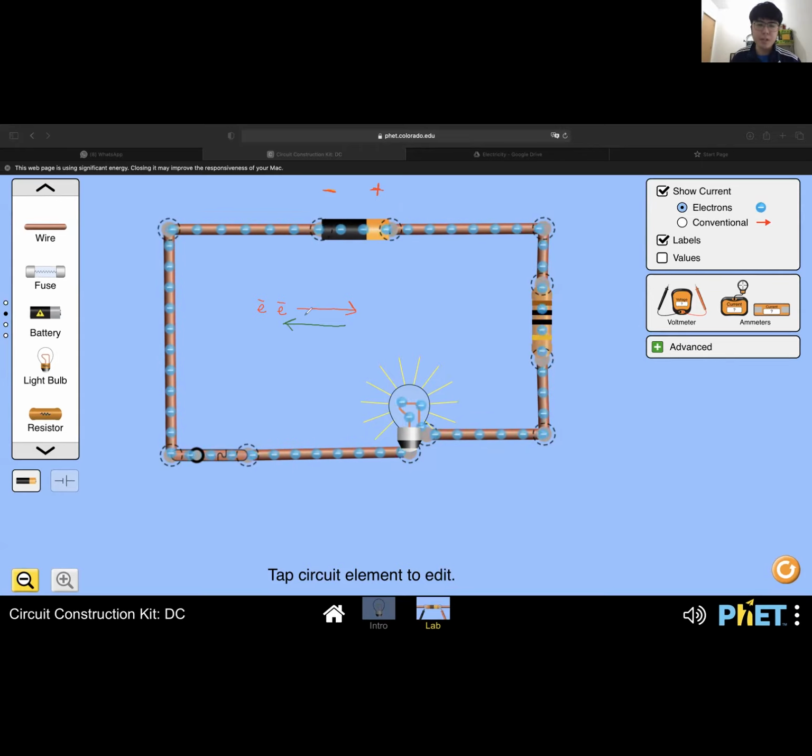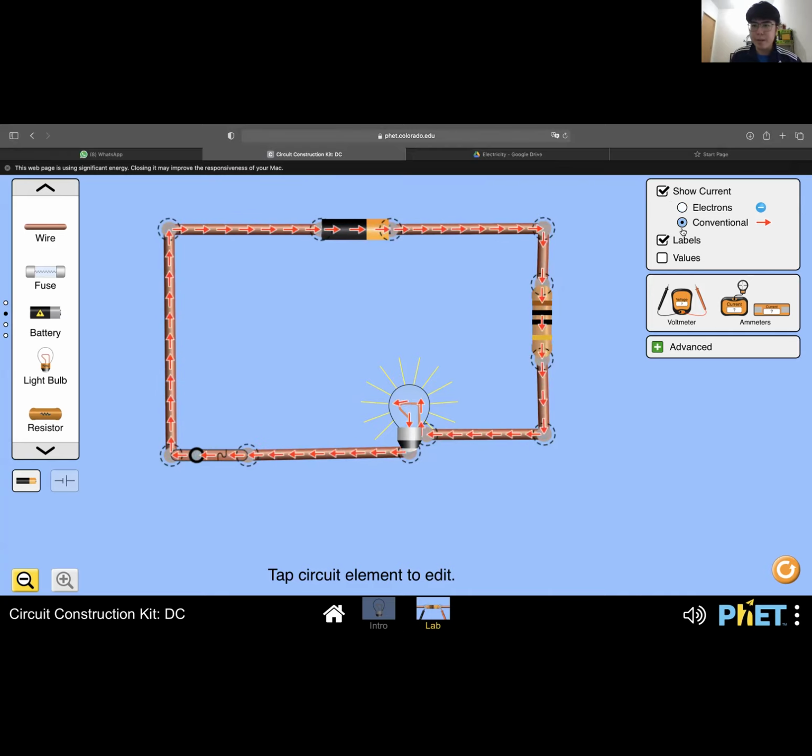If the electron is moving down, then your current is moving up, always opposite. Now let me change back to current flow, like this.